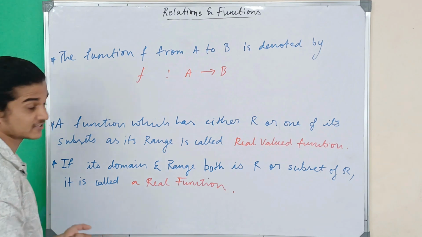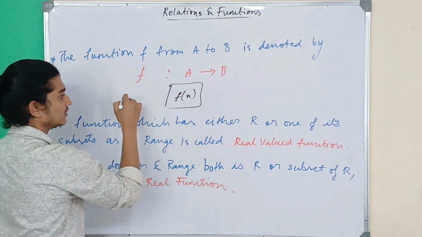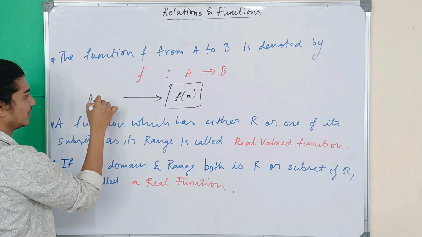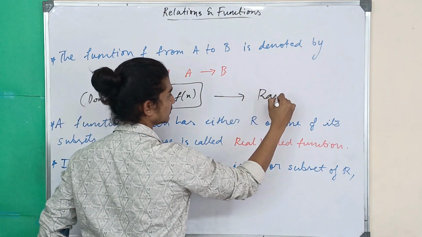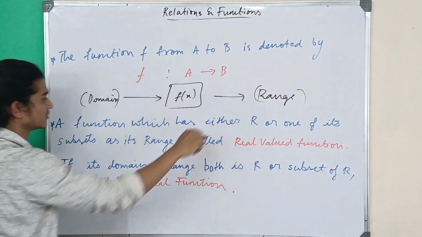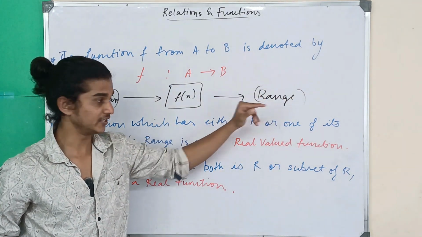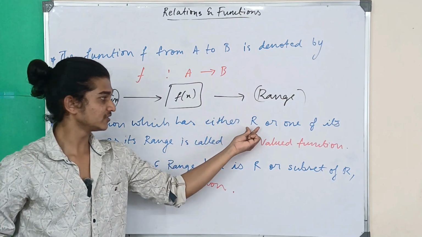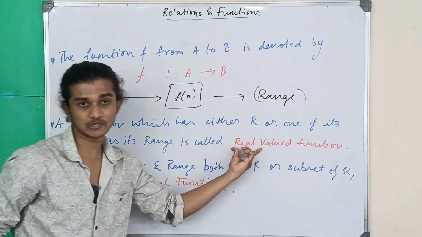Let us try to understand this using an example. This is our function f of x, this is our domain which is the input, and this is our range. So if the output you get is either R or one of its subsets, we can call that a real valued function.